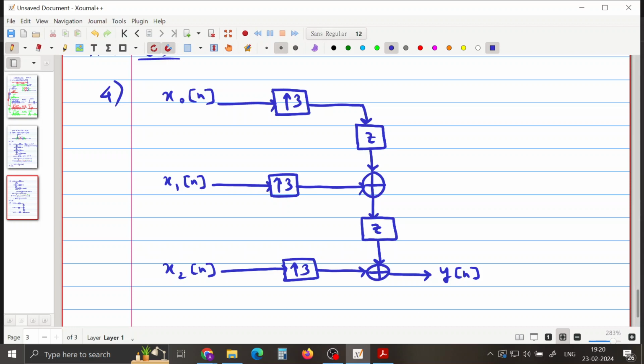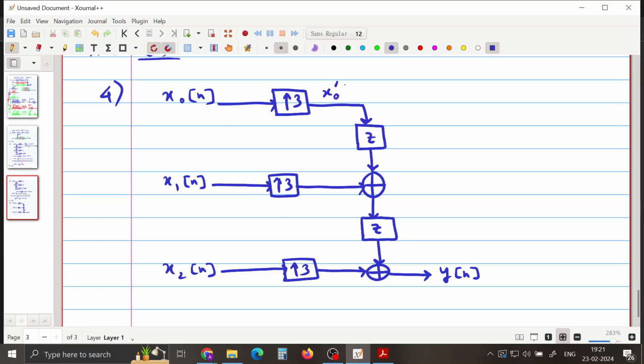Like always, we'll mark the intermediate points. In this case, we are first performing the upsampling. In the previous problems, we were doing either delay or advancing, so we were able to directly write the output of that delay or advance block. But here, since it's an upsampler, I'll just use a notation. I can't simply write the mathematical form of that.